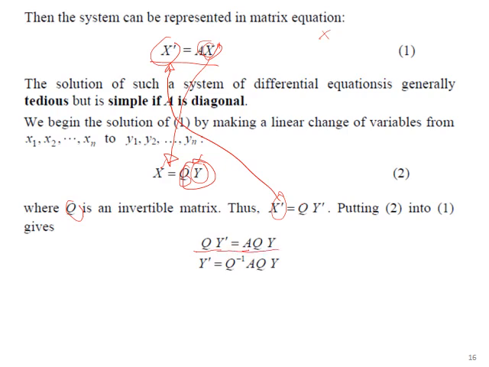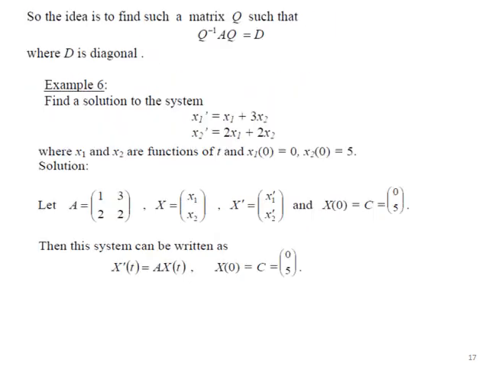Now multiply by Q inverse, so Q cancels and Q inverse comes here. This part together is represented by D, the diagonal matrix that contains the eigenvalues. This makes the solution easy and we find X.